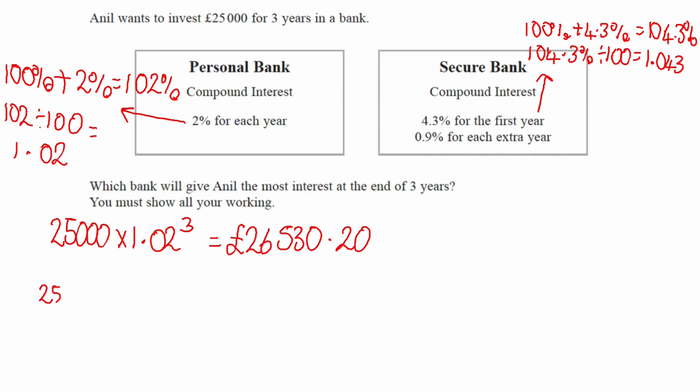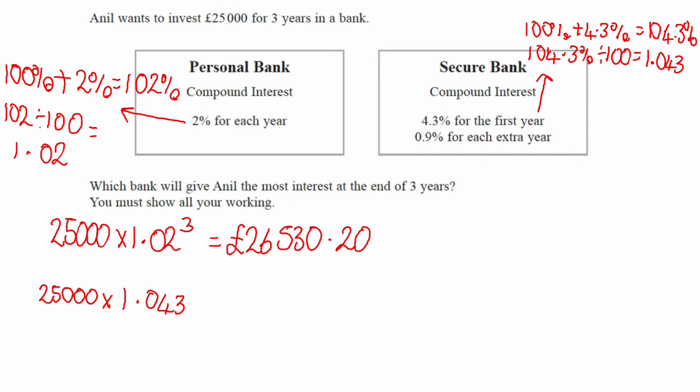We've got 25,000 to start. That's our original. We multiply it by the multiplier for the first year. Now, because this is only for 1 year, we don't need to put a power on. You could put the power of 1, but it's not going to make any difference because it's only for 1 year. We then need to work out the other 2 years that it's in the bank.